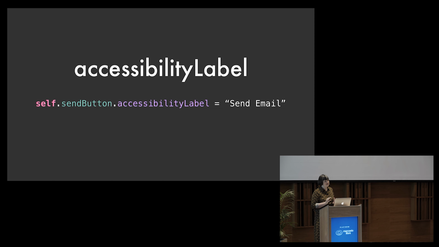Be careful about images, because if you don't provide an accessibility label for an image, it will read out the file name of the image, which can sometimes sound pretty terrible to a user. But yeah, when in doubt, set the label, and obviously always localize strings as well. I was being lazy in the slide here. Sorry.